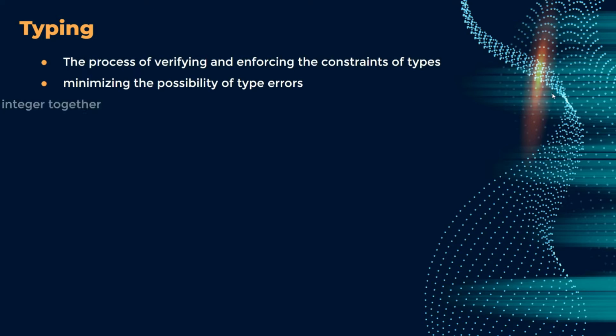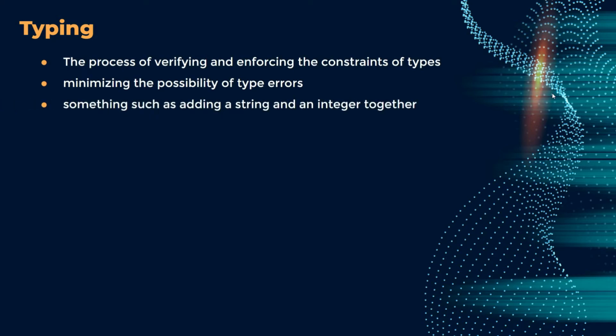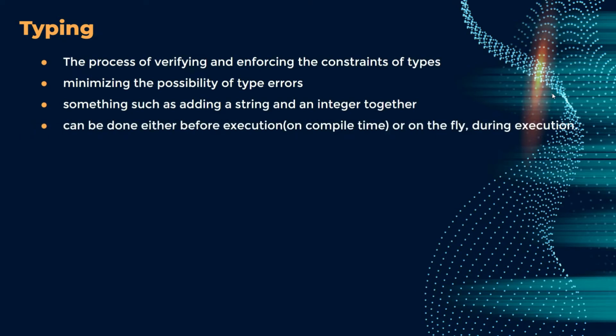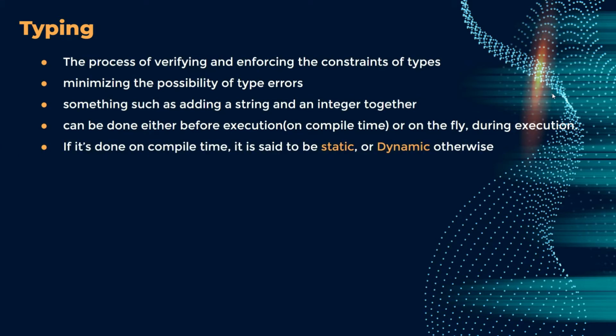For example, we don't want our program to be in a situation where we are adding an integer, that is a number, to a string, that is a word. Typing or type checking can be done either at execution time or at compile time. And there are four really important terms associated with typing, that is static or dynamic typing.